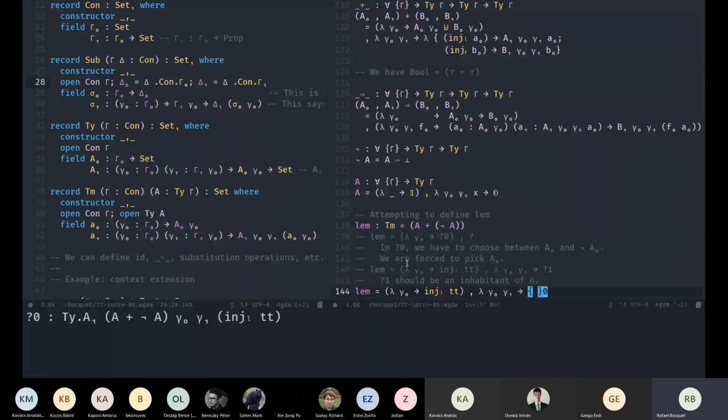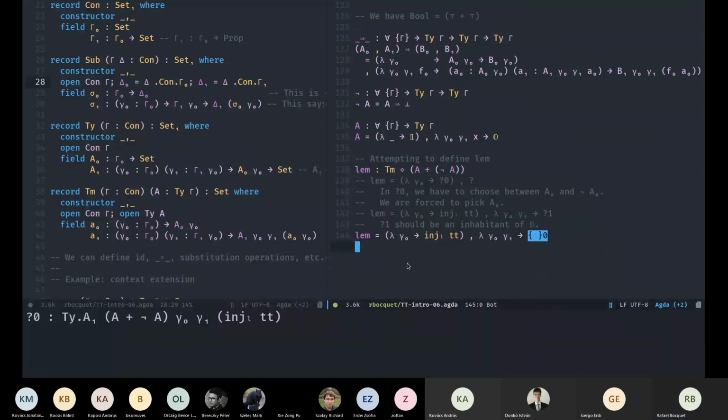But externally in the meta theory, we could prove that defining such len is not possible, right? Yes.